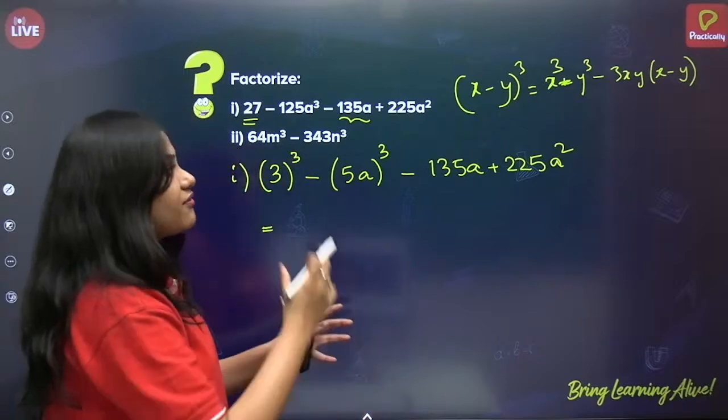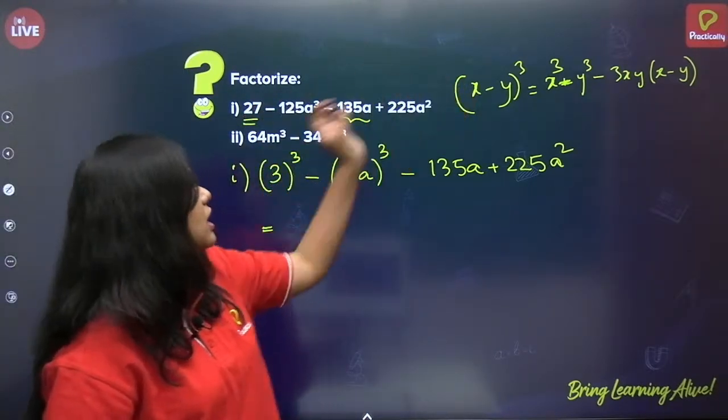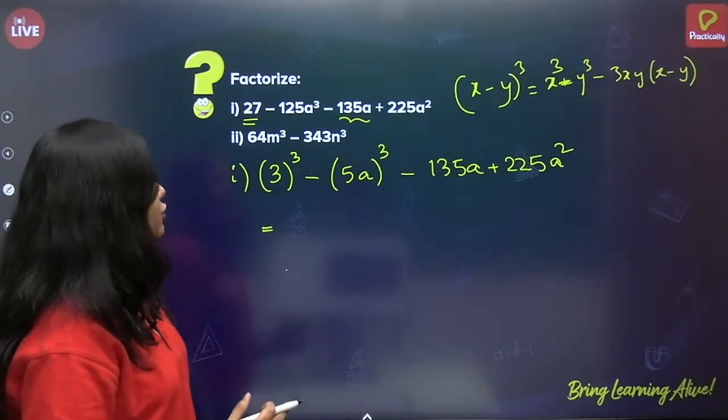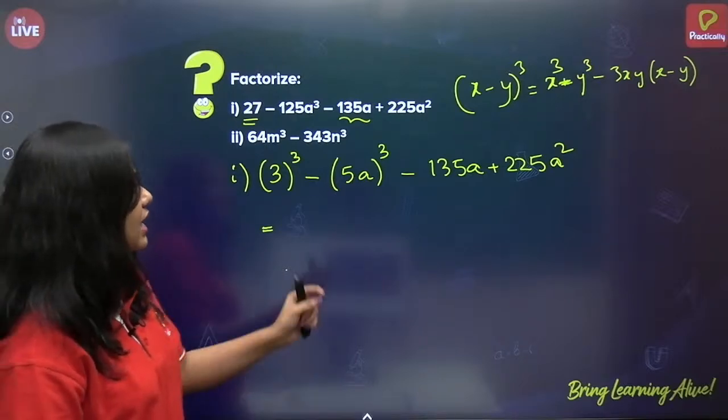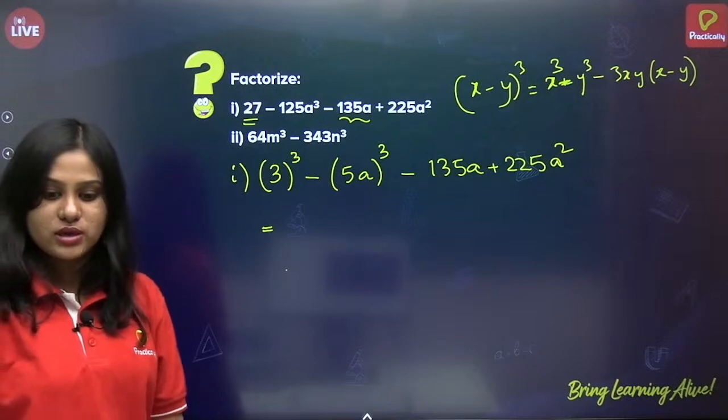So we will see whether we can write this in that form. Why am I directly telling cubes? Because here I am able to see the cubes, correct? So I have to see whether I can write this 135a and 225a square in that format.